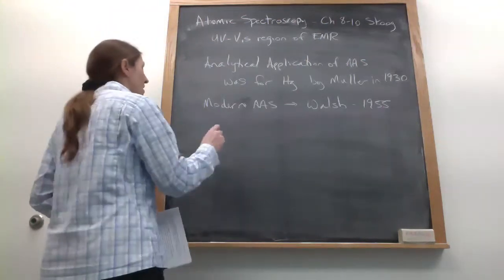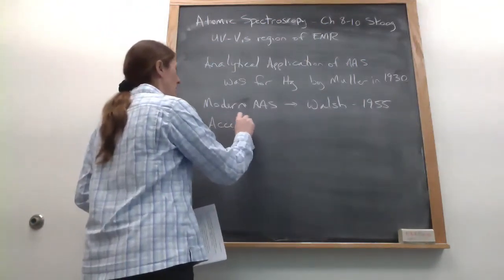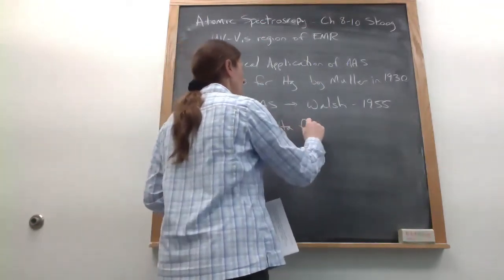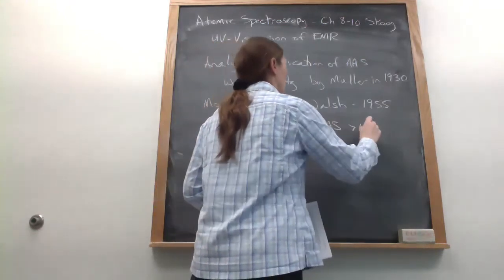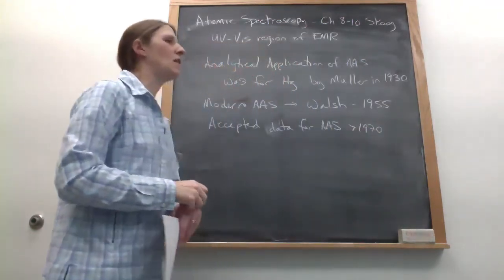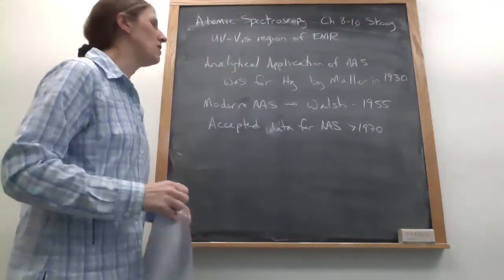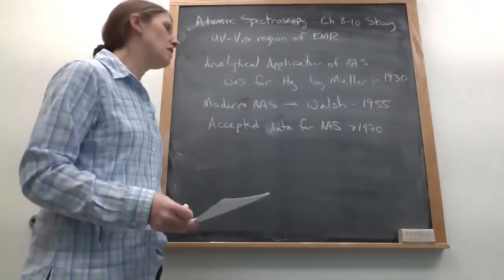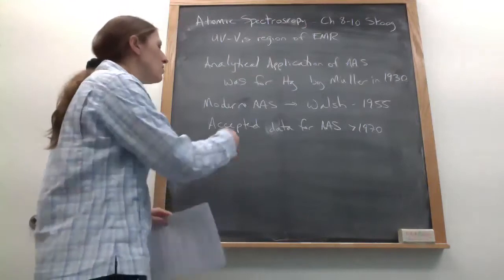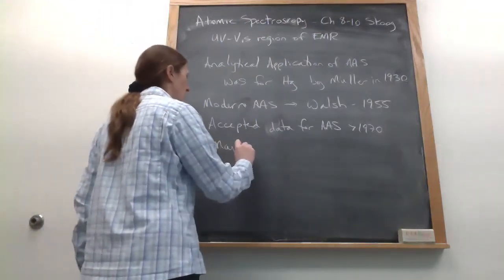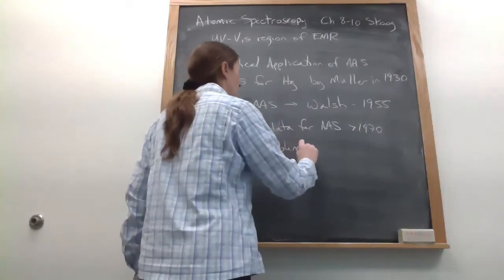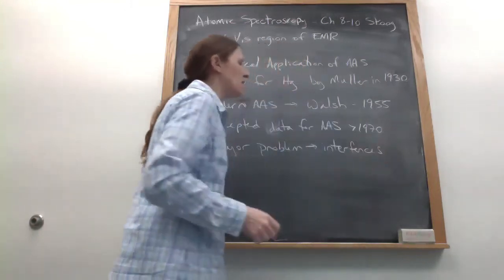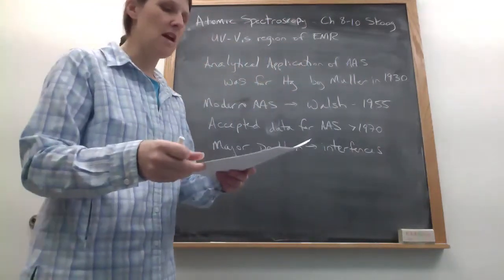And so most of the accepted data for AAS is from after 1970. So in terms of quantitation and getting good results from AAS, it's a relatively short period of time ago. Again, the major problem for this is interferences, and we'll talk about the different types of interferences that are possible in AAS.